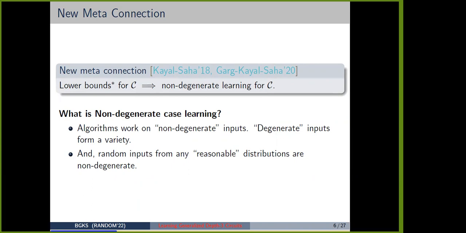Those inputs are of the form that there are some algebraic dependencies or algebraic relations among intermediate gates of the circuit, which we don't hope that most circuits have. Those circuits we call degenerate. And we want to say that we can learn all the circuits except a few, which you will not hit if you sample from any reasonable distribution.